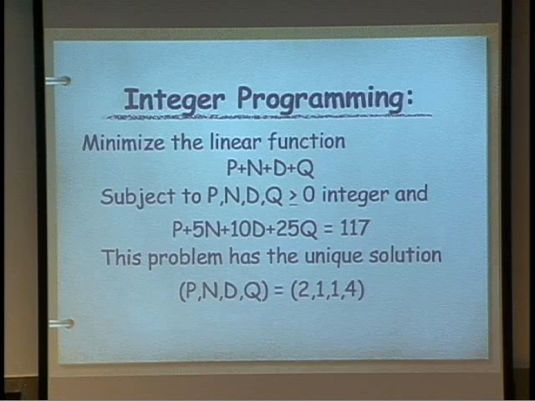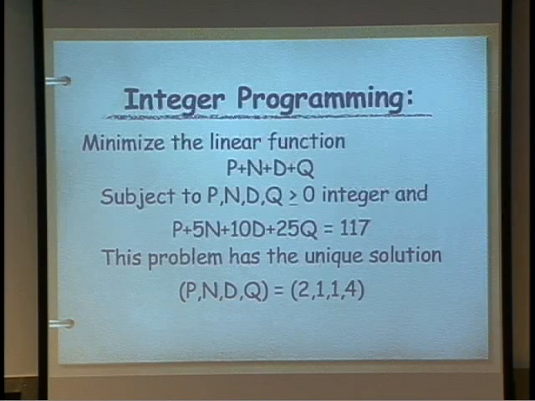We'd like to minimize the linear function in 4 unknowns, p plus n plus d plus q, subject to one equation, p plus 5n plus 10d plus 25q equals 117, where these unknowns, p, n, d, and q, are non-negative, but I also like them to be integer. Okay, so this is some optimization problem. Turns out that this optimization problem has a unique solution. p is 2, n is 1, d is 1, and q is 4.